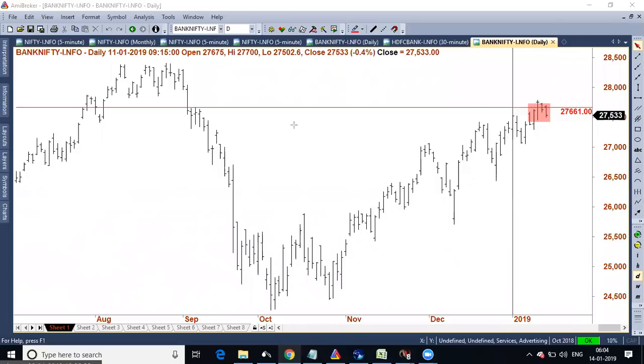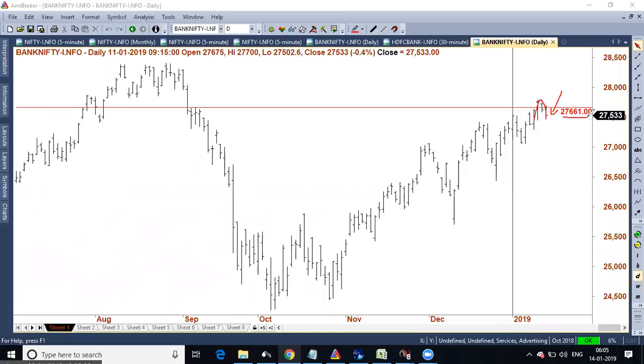So far, if you mark the reference level 27,661, the price was struggling to cross above that level, and one of the days it took it out again. Price went down. So far, kind of a rejection is what we got at this price level.